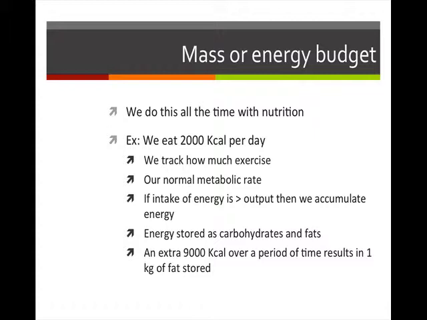So if over a period of time, like a month or something, you ate 9,000 extra kilocalories of food over what you expended in energy, you would have stored about 1 kilogram of fat. And vice versa, if you expended 9,000 more kilocalories of energy than you took in, you would lose a kilogram of fat storage. But I'm just warning you that we do this so casually and talking about our own human diet, because that energy is really, what you're talking about, it's really as some high energy biological compound that's being stored in your body for subsequent use.